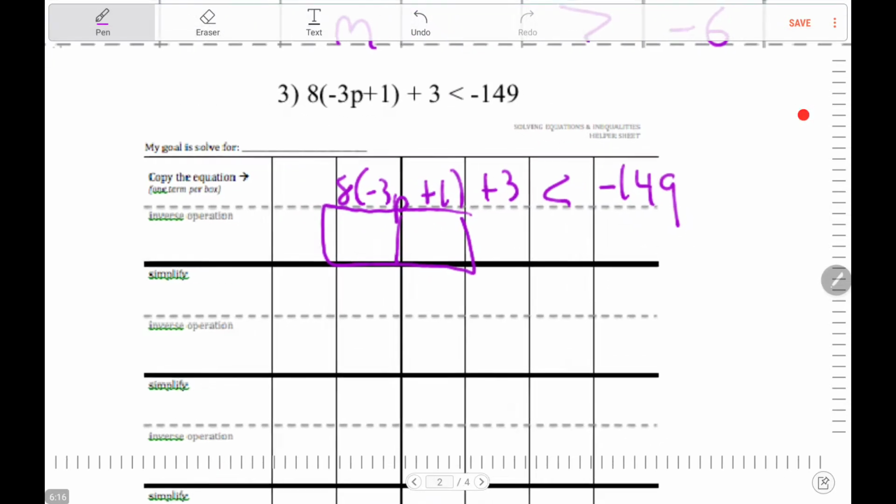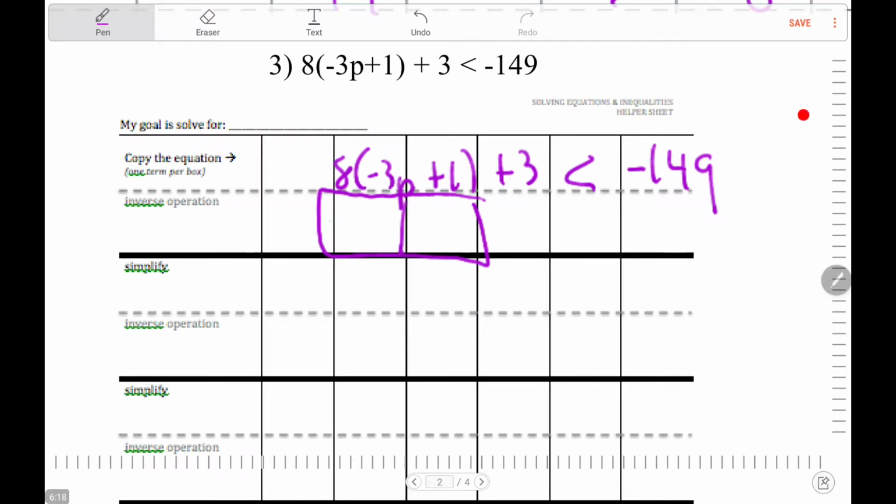One has 8 times negative 3p. This one has 8 times 1. Okay, what's 8 times negative 3p? That's negative 24p. And 8 times 1 is 8, so plus 8 plus 3 is less than negative 149.